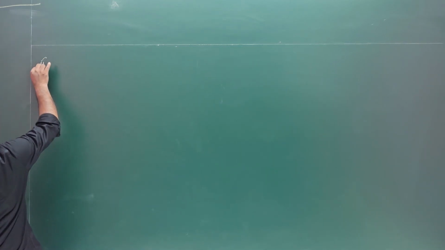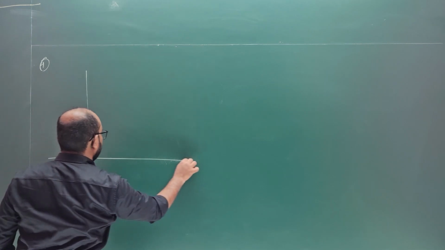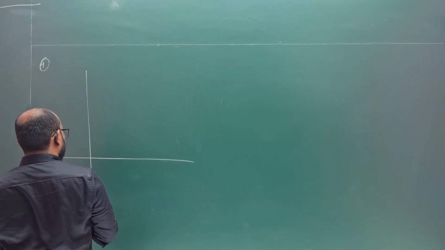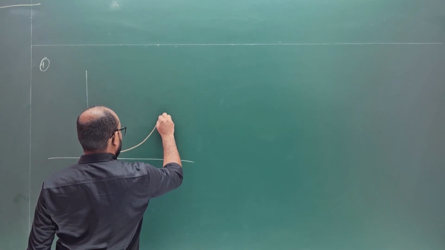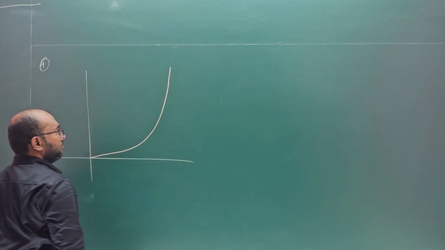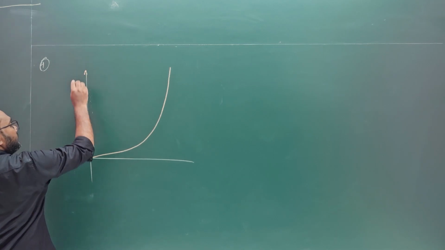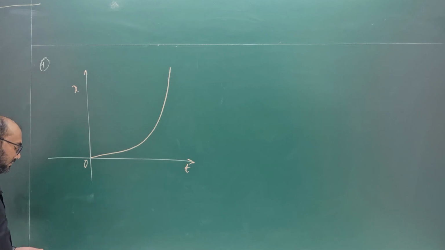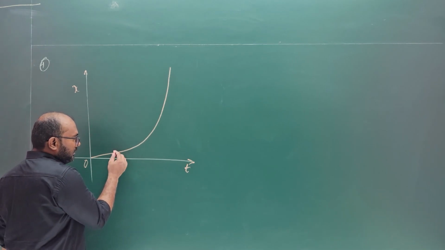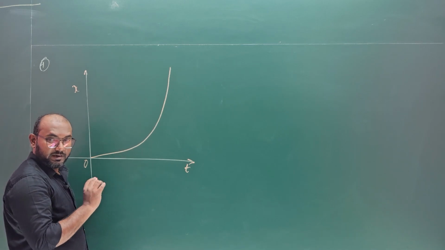Next one. Fourth. The body is moving like this graph. So this is your x, again this is your t. At t equals 0, x is 0. Now, whenever the diagram is given in curve form, you need to draw what? Tangent.